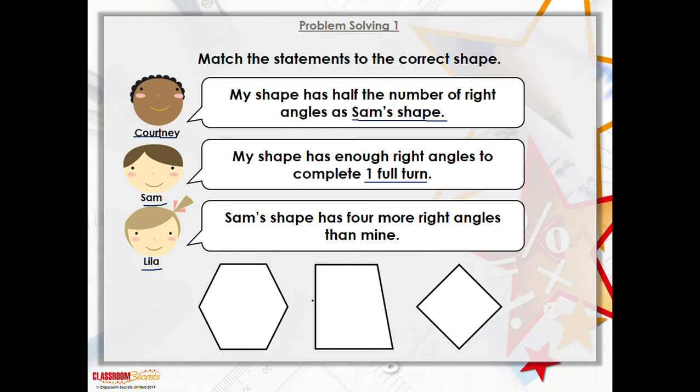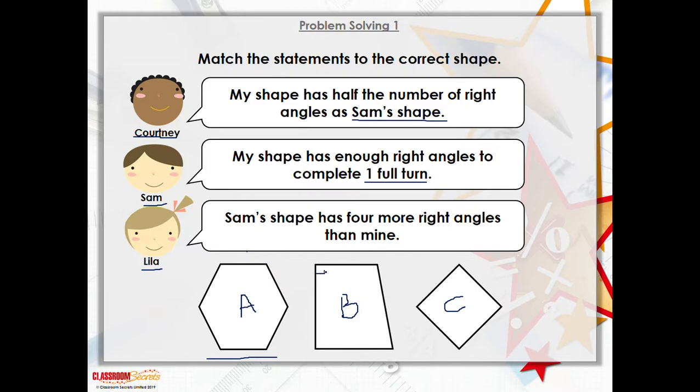So if you look at the shapes underneath, we've got this shape here, we're going to call shape A. We've got shape B, and we've got shape C. The best thing to do first is identify the right angles. If we look at shape A, I can see that actually there aren't any right angles on that shape.